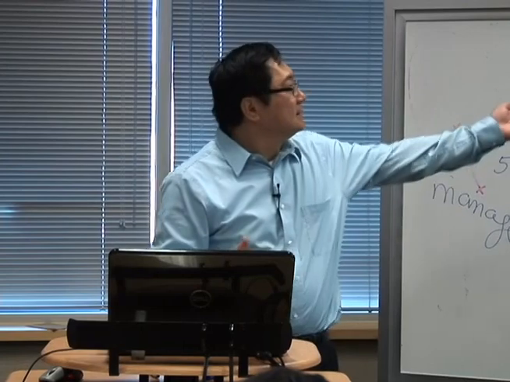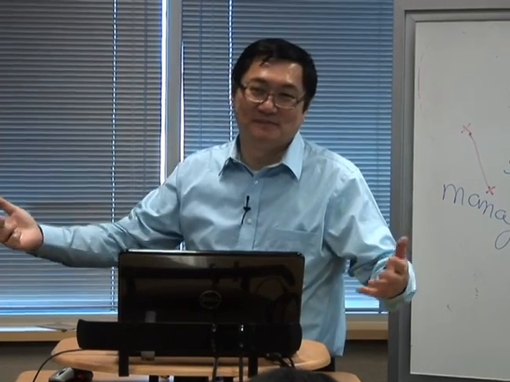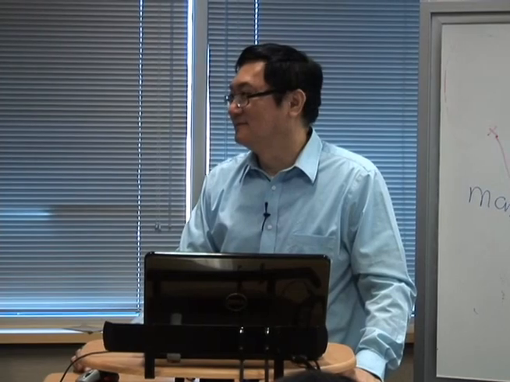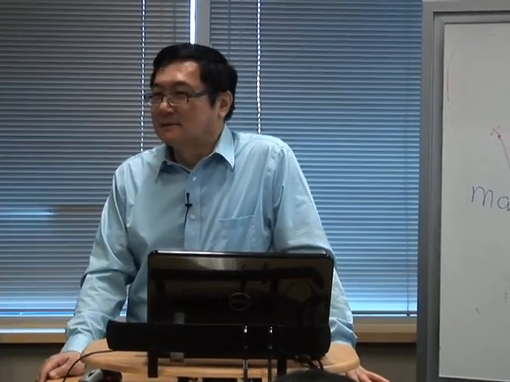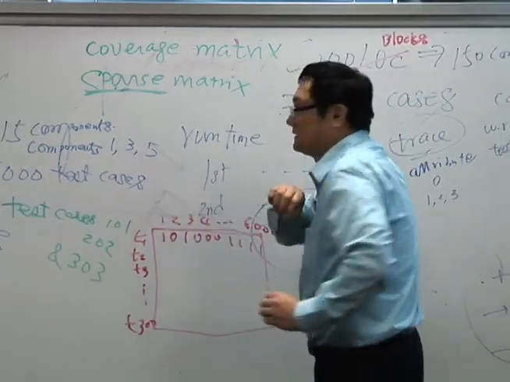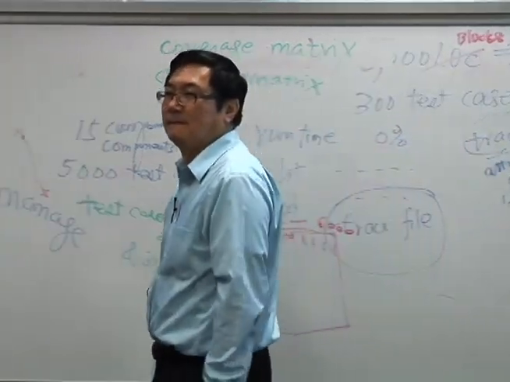Why is it sparse? Think about this. One execution, you got 60,000 to 500,000 lines of code. A lot of parts are not even touched. It's zero. Why do you want to use so much space to save a bunch of zeros? So you need to use a very efficient algorithm to condense it. And then you can easily take the row out, take the column out, decompose, and report the coverage right away. That is the mechanism which we used for this tool.